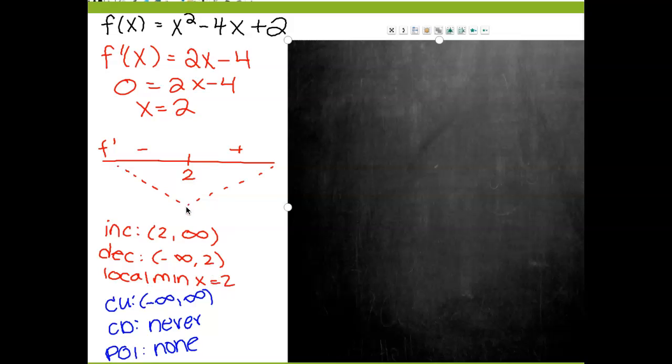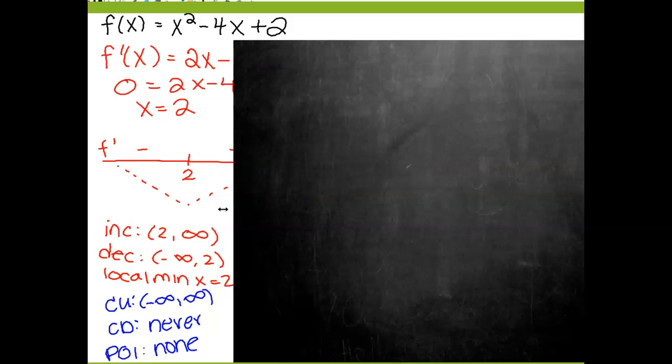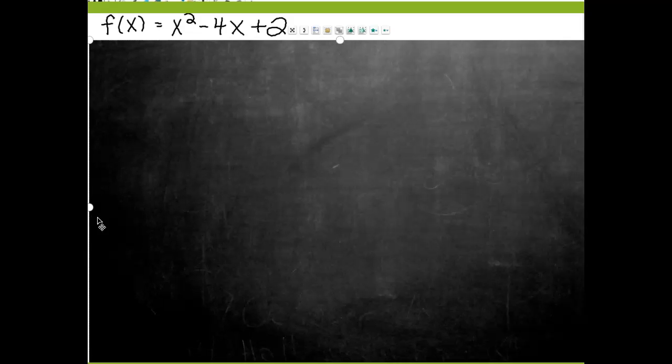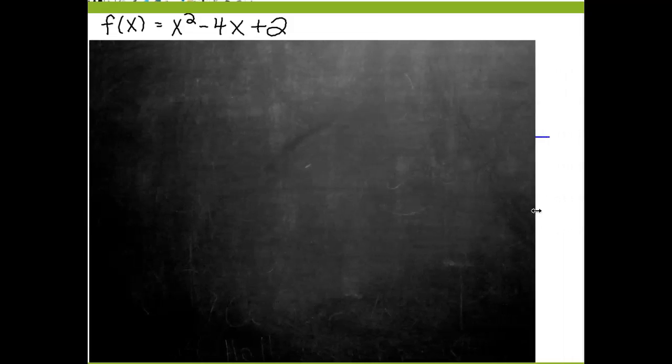The min at x equals 2 is local because this graph's domain is all reals. We will eventually, or could eventually, prove that it is an absolute. Okay, so that is the first derivative and the first derivative test.